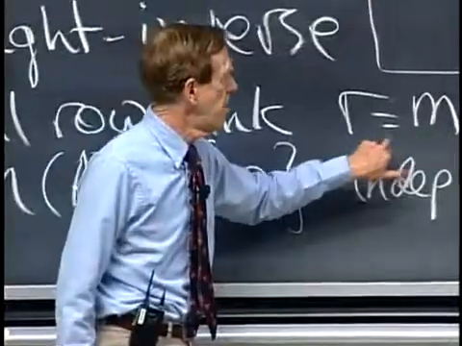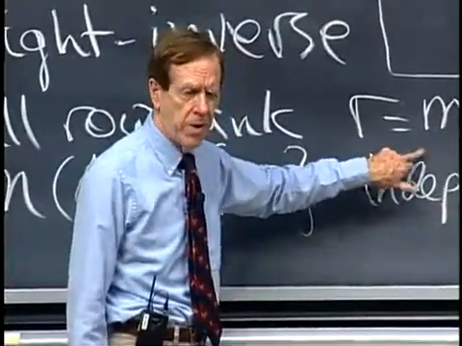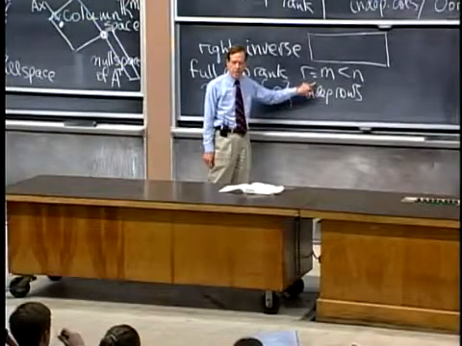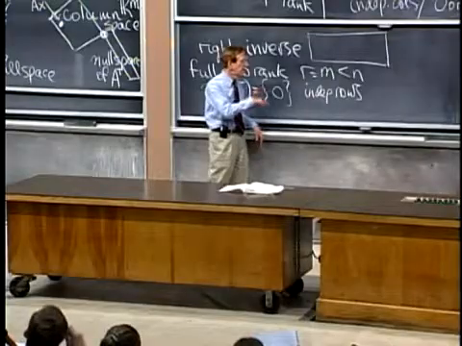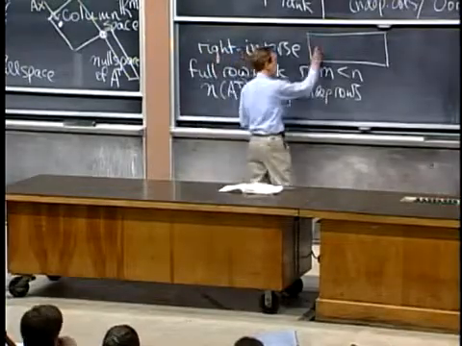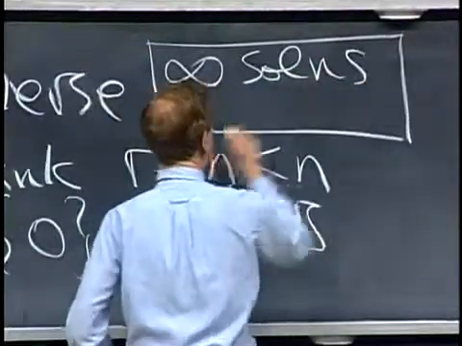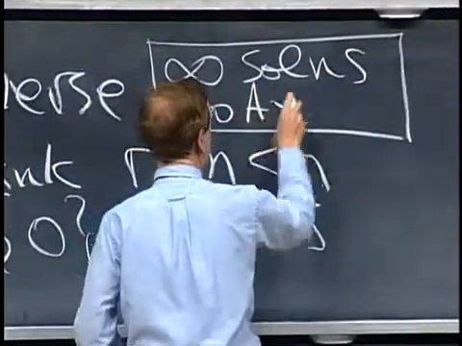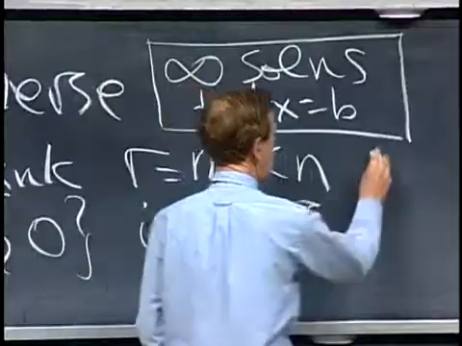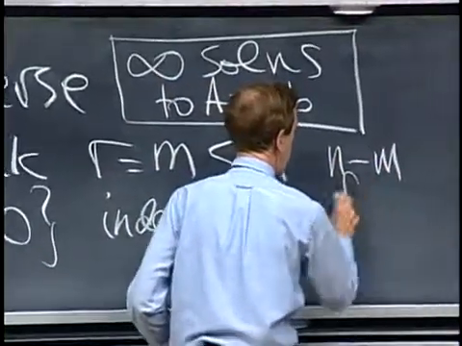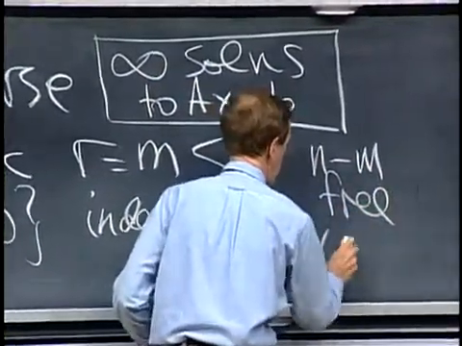And this tells us how many pivots there are. So there are n minus m free variables, and so there are infinitely many solutions to AX equal B.